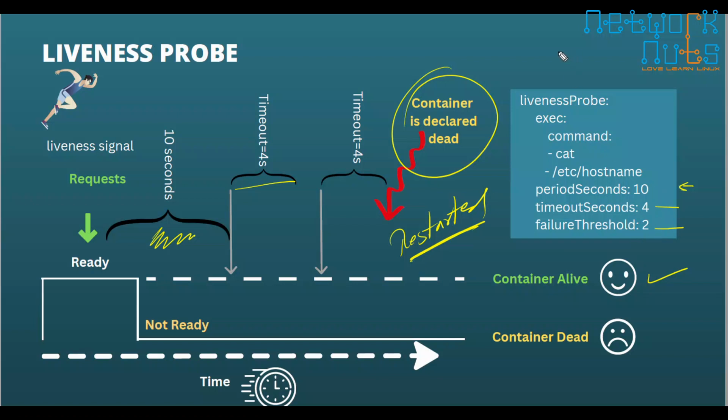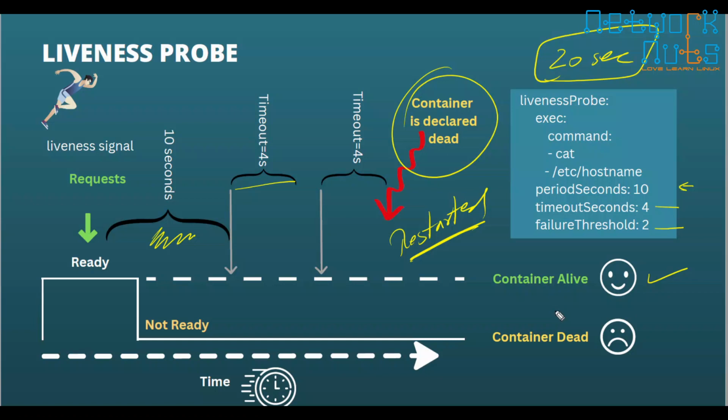That means if continuously for 20 seconds I am not able to get the index.html file, I will restart the container. This is what it does. And if there are some problems, like the file is missing or something is missing, it will automatically be resolved, or at least it should try to resolve it. That is the idea behind the liveness probe.